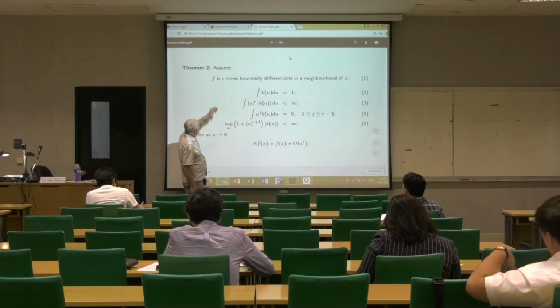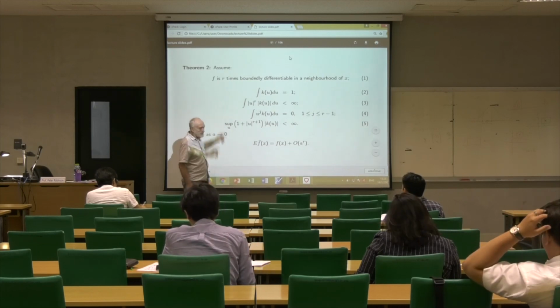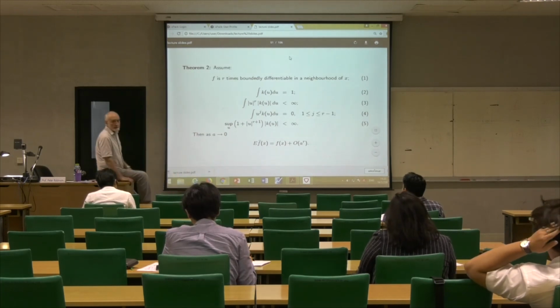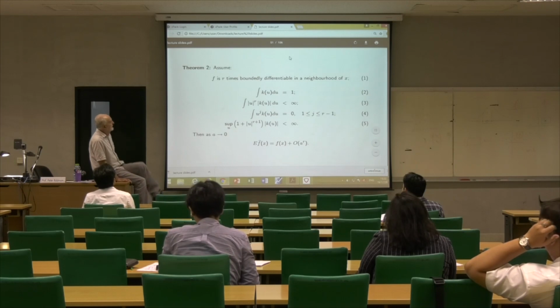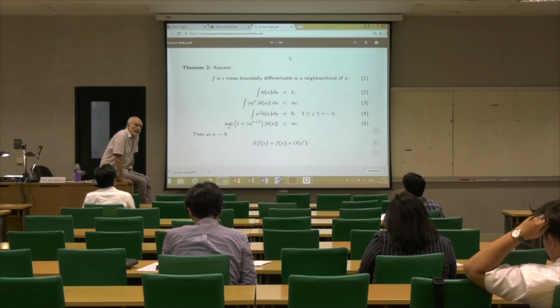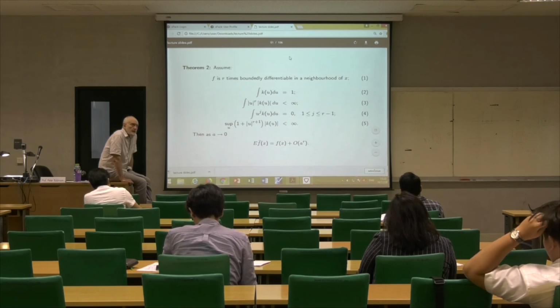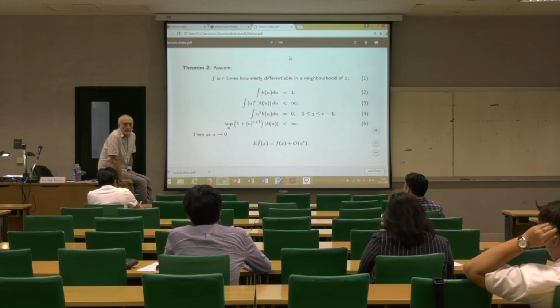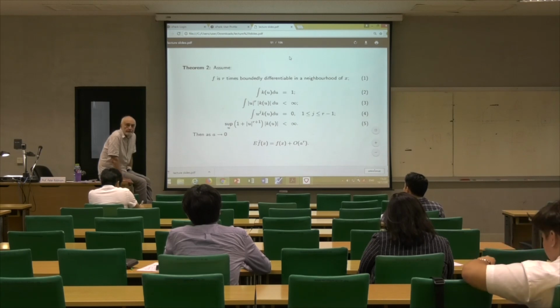What we're doing is making an assumption that f is smooth. Remember, f was just continuous in the previous result. Now we're willing to make a stronger assumption. We don't know that this is going to be true, but when we assume normally distributed data, we assume the density is infinitely differentiable.